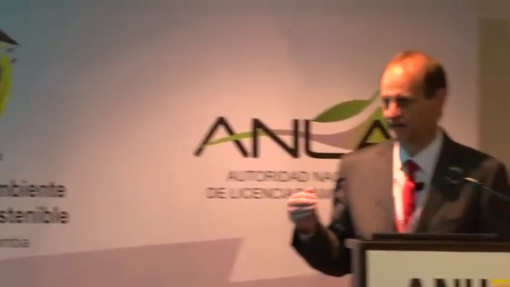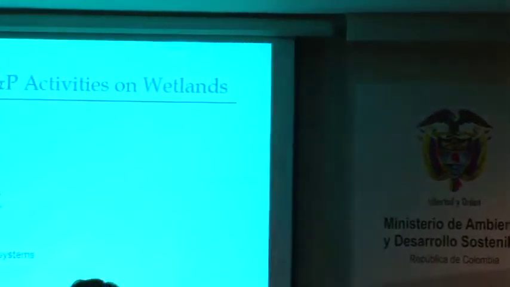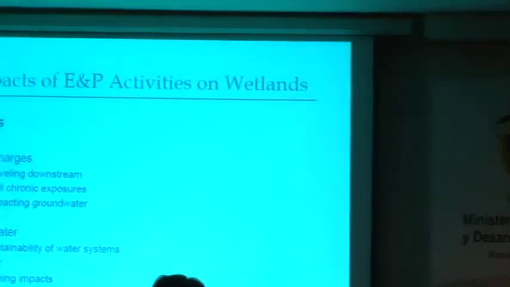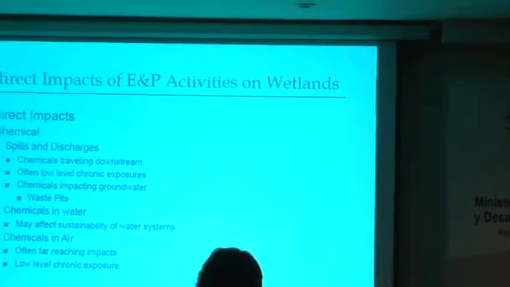Indirect impacts of chemicals, chemical impacts, is probably the biggest thing to deal with. Spills and discharges: a spill in one particular area can have a downstream effect on vast ecosystems and down the coast. Those are often felt in low-level and chronic types of exposures.